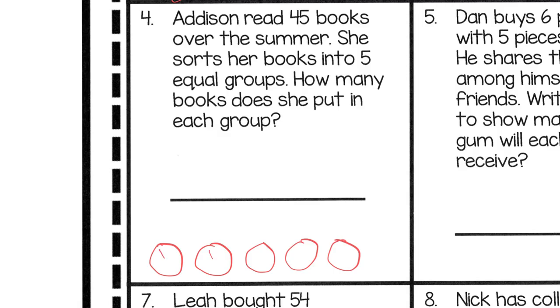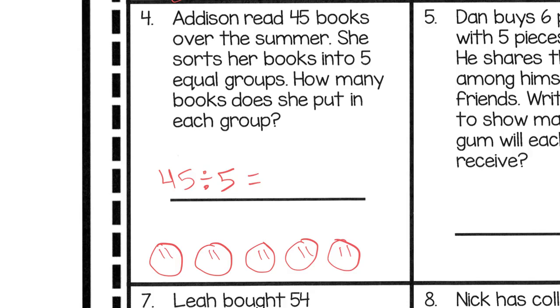Because if I give each group 1 and then another one until I get to 45, that's going to take me a long time. What we want to do is divide those 45 books. So we're dividing the 45 into 5 equal groups. That's going to tell us how many books are in each group.